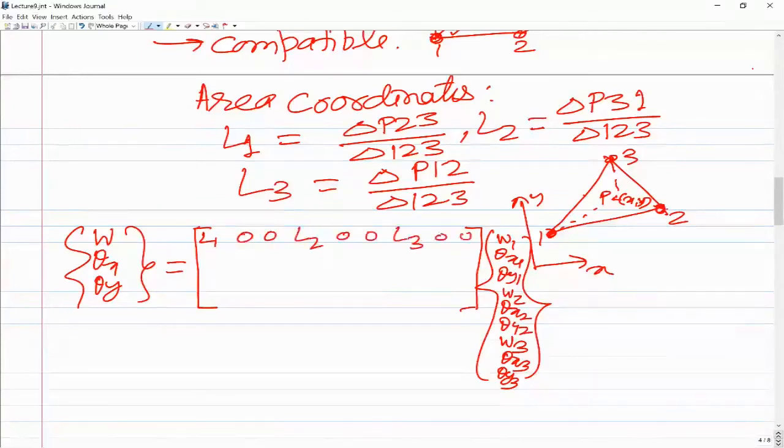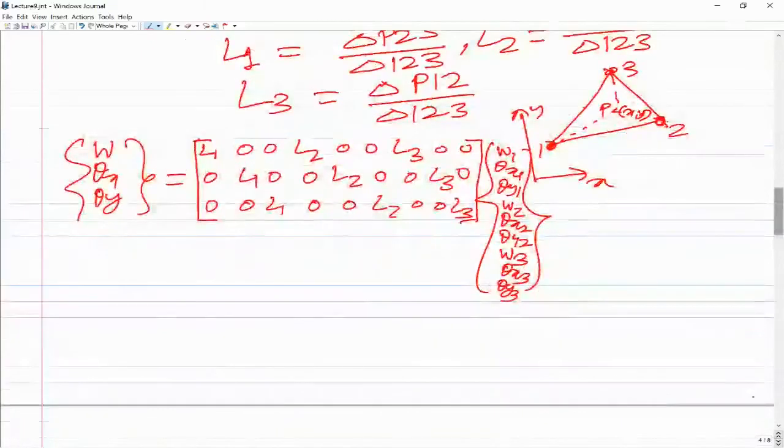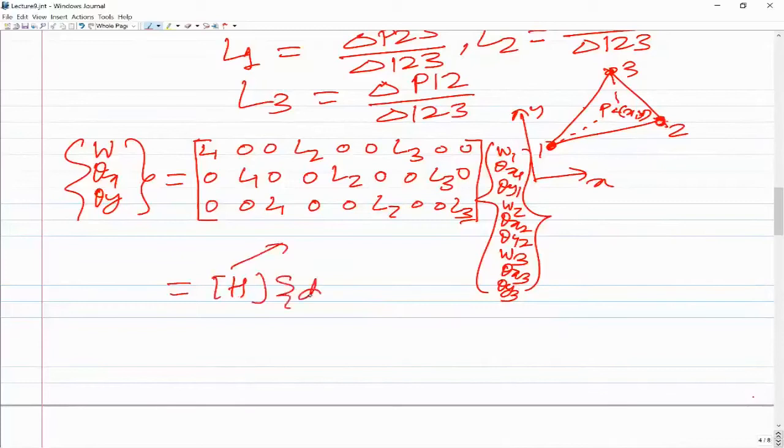Theta x would be L1 theta x1 plus L2 theta x2 plus L3 theta x3, so it is 0 L1 0, 0 L2 0, 0 L3 0. And theta y would be 0 0 L1, 0 0 L2, 0 0 L3. So this is the interpolation of all three field variables, and you can call this matrix H.